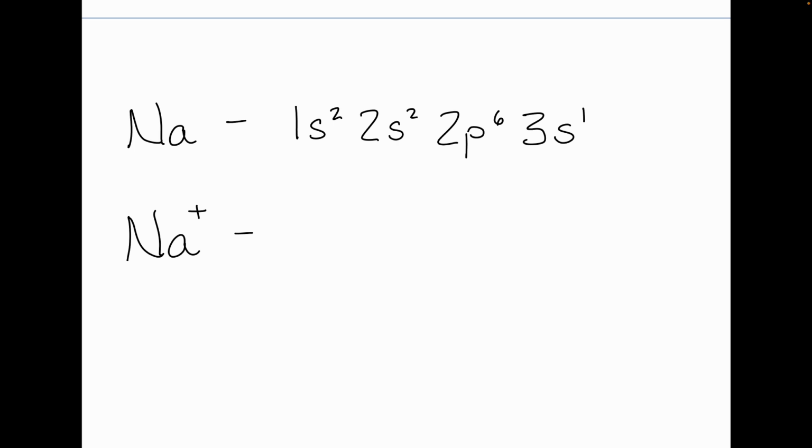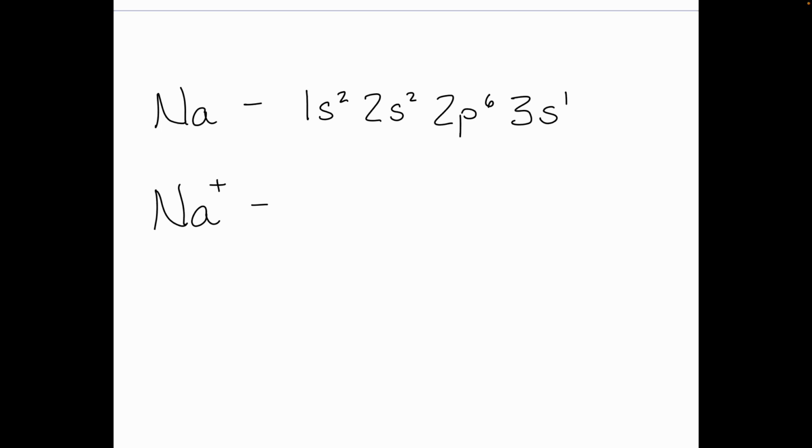All right, so if I do my electron configuration for sodium, 1s2, 2s2, 2p6, and then 3s1, when sodium becomes the sodium ion, it's not going to gain an electron, but rather it needs to lose an electron.